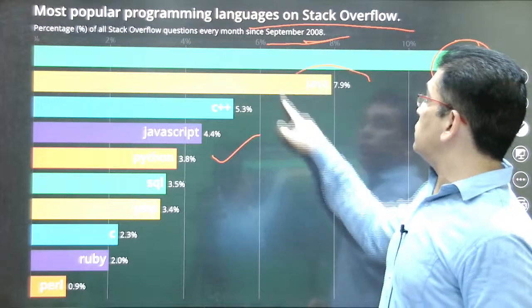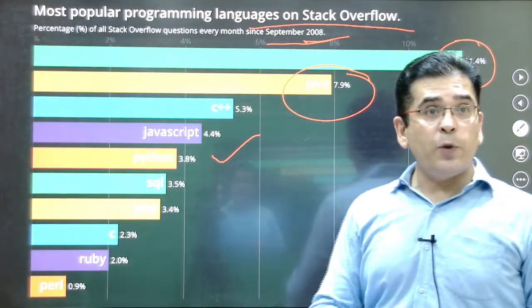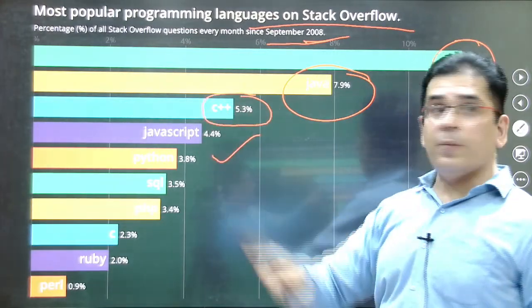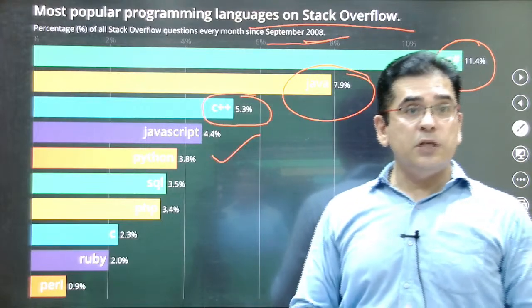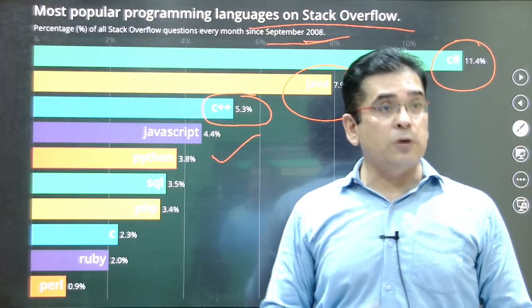After that, the most popular language was Java, used by 7.9%. Then the object-oriented C++ programming language: 5.3% of people were using C++ for their application development or software development.